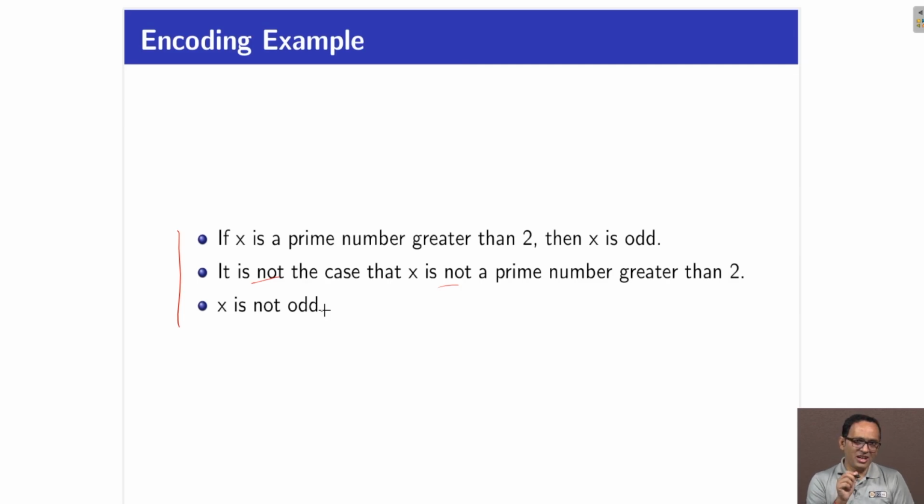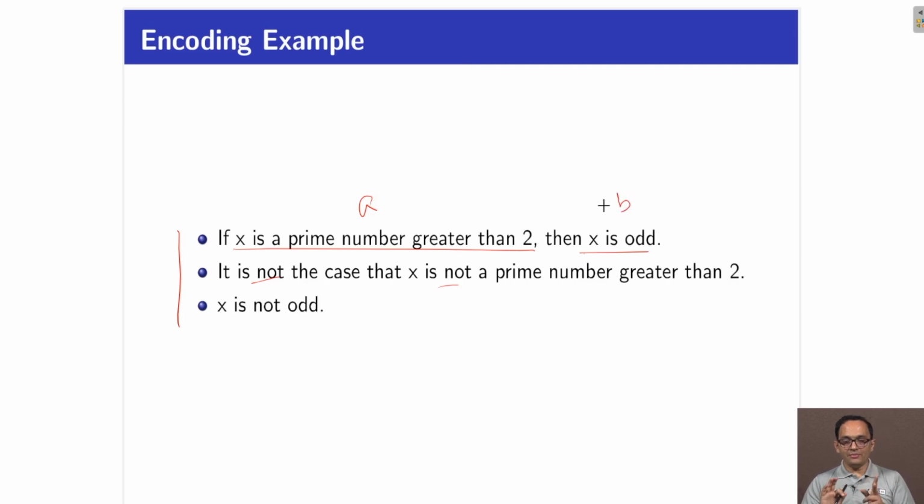Okay. Now, we will see how you model this using propositional logic. To model this I need only propositional constants, right. So, what I will do is see which parts of the sentence can be considered as a propositional constant. Okay. So, I can say that x is a prime number greater than 2, let us say this is my one propositional variable, represented by a, and x is odd, this is another phrase which is encoded by a propositional constant, say b.